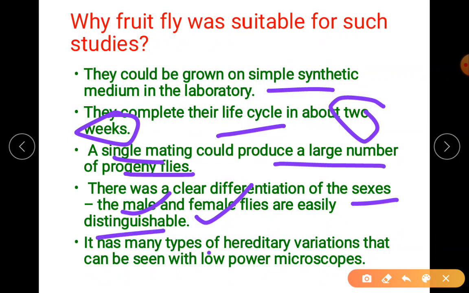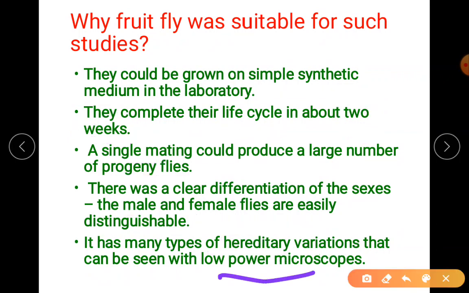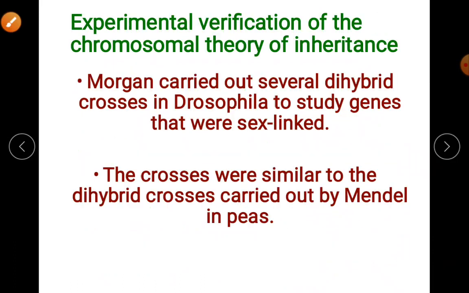There are many types of hereditary variations. This helped him bring the concept of variation into his research. All these hereditary variations he could study under low power. You remember the dissection microscope? In that you can identify the eye color, wing shape, body color, body size, all of that easily. Those are your hereditary variations.